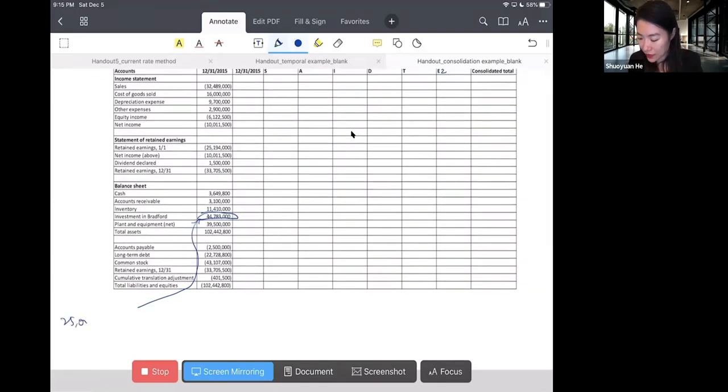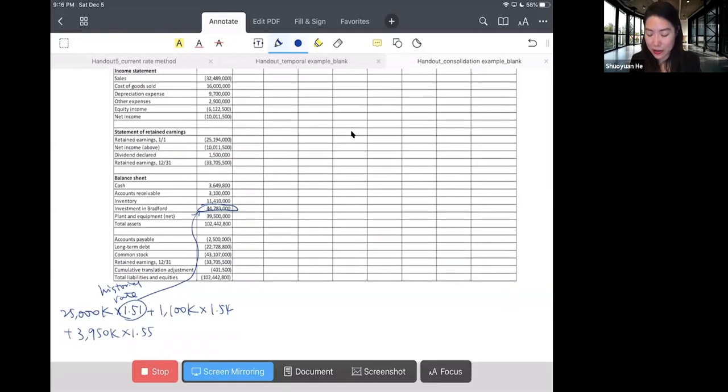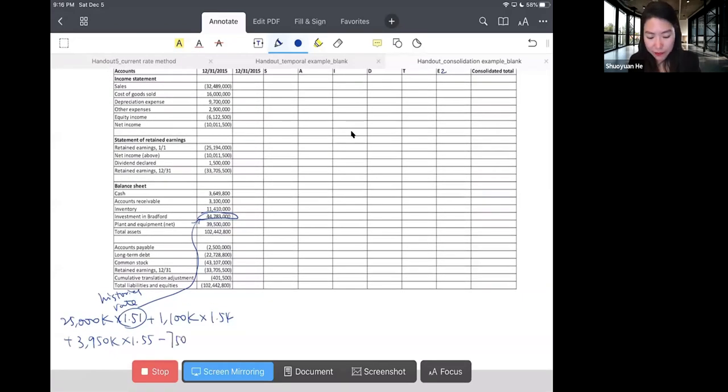That's 25 million initial investment using the exchange rate at the time, which is the historic rate, plus 1.1 million, that is net income for the first year, and we're using the average rate for the year, plus 3.95 million multiplied by the average rate for the second year, minus 750,000, that is the dividend.